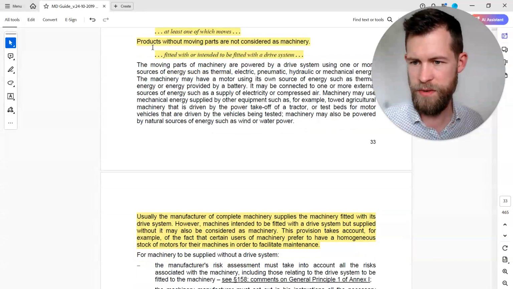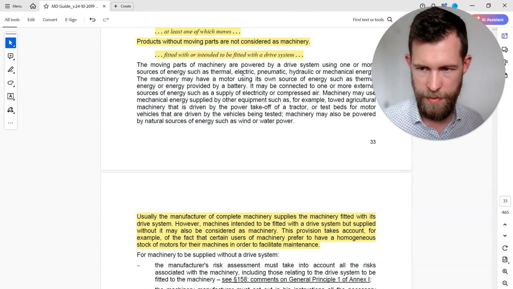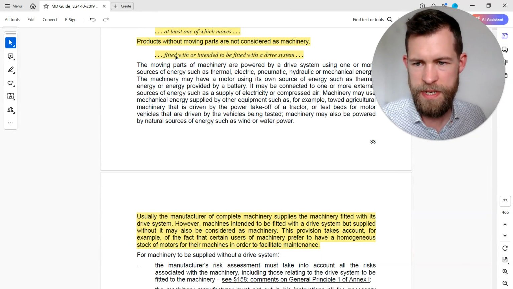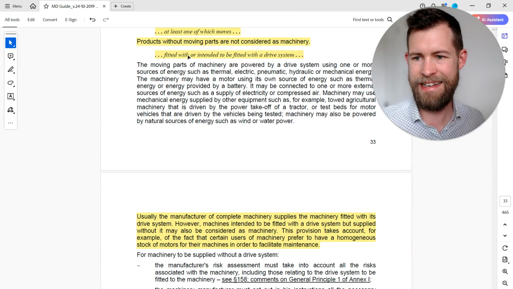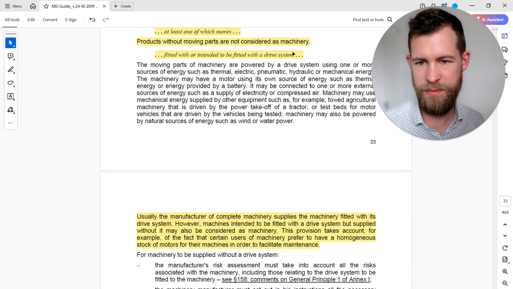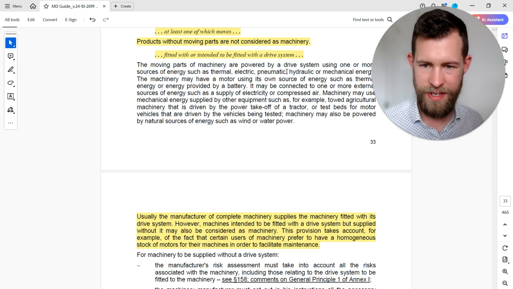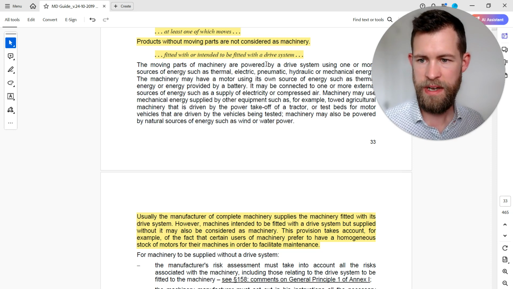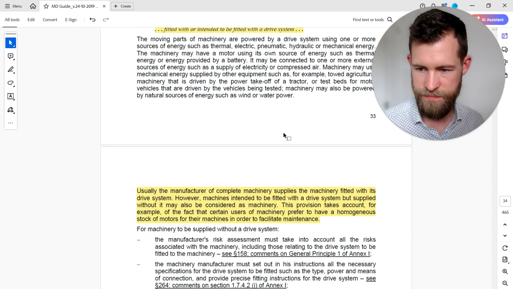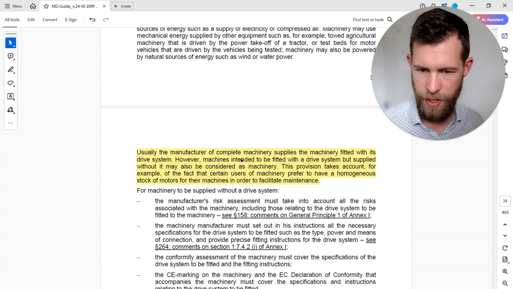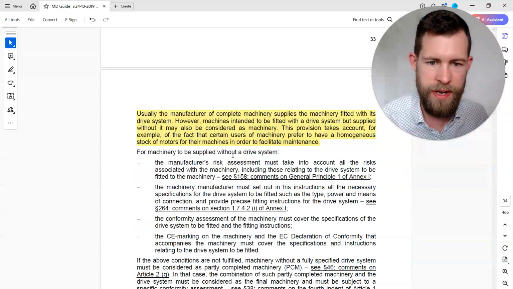And then it gives you some other information in here as well. So if you've got a piece of machinery that is intended to be fitted with a drive system, so it has not yet been fitted with a drive system, it is also classed as machinery. And there's a little blurb unpacking that a little bit. So why might you have that?